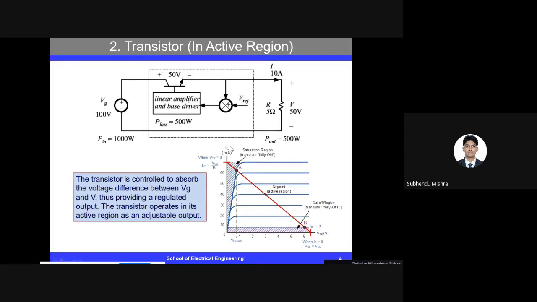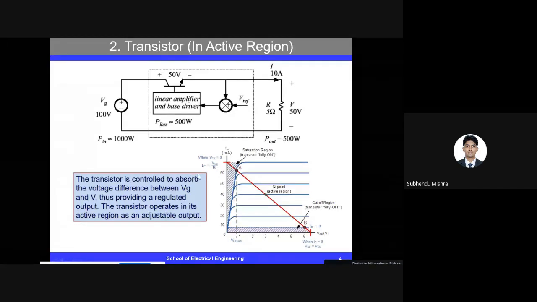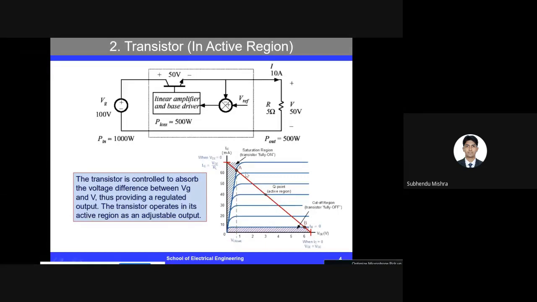The operation can be either in the saturation region or in the active region. As you can see, when the curve is linear, when the IC is linearly changing with the change in the collector emitter voltage, that particular region, the shaded region over here, is the saturation region.